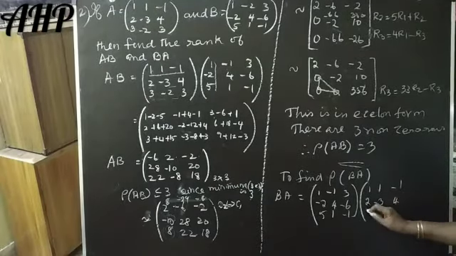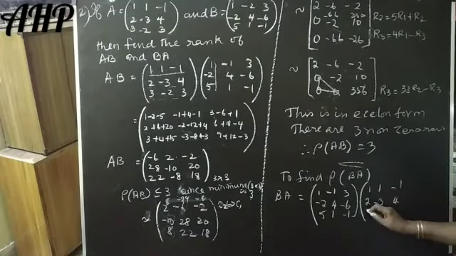So BA is equal to, now this first row into first column, it's going to be 1 minus 2 plus 9, then 1 plus 3 minus 6, then minus 1 minus 4 plus 9.